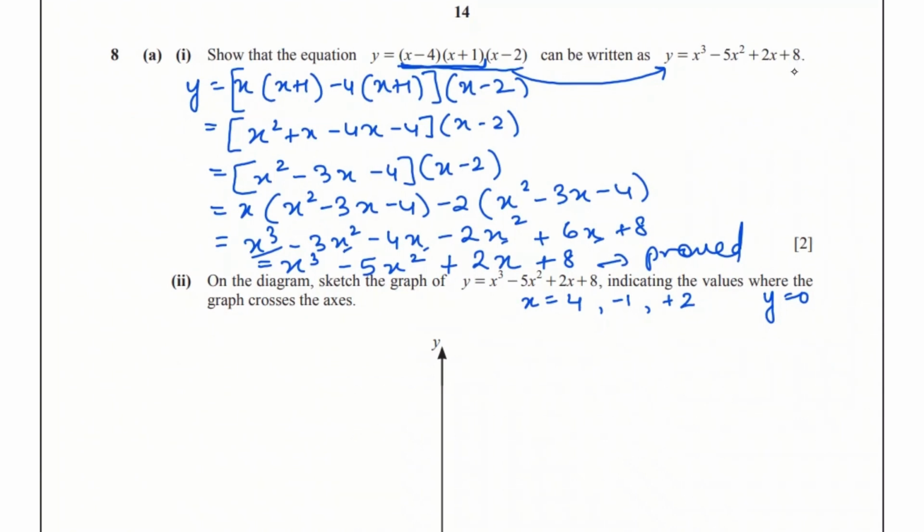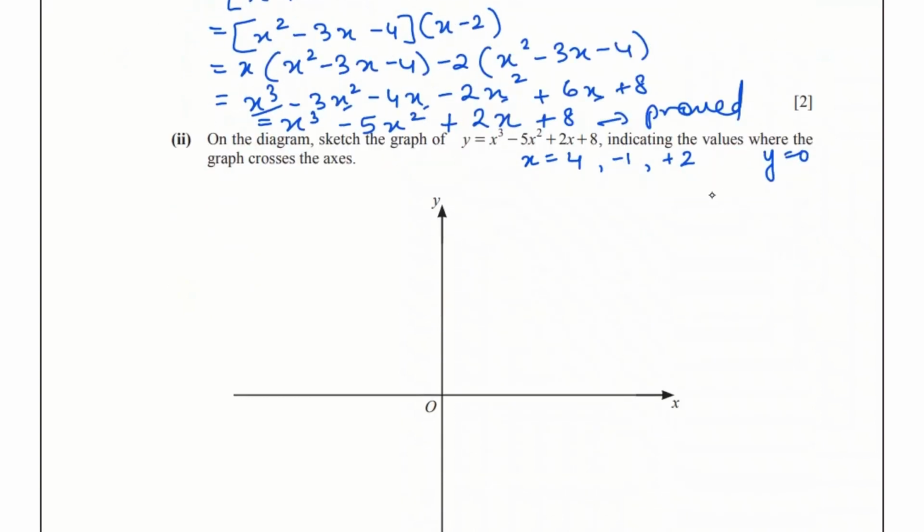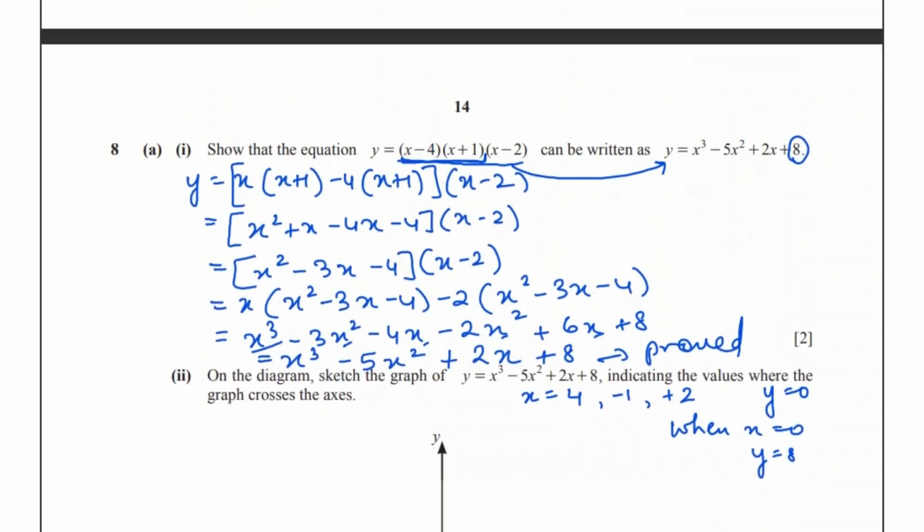And from this equation we come to know C is 8. That means when x is equal to 0, y is equal to 8.